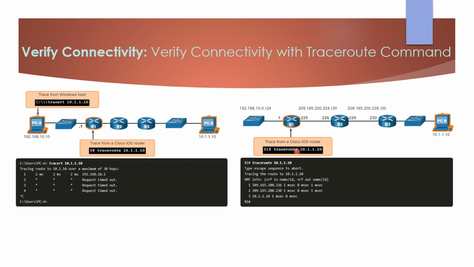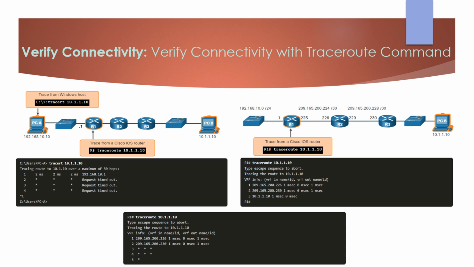The trace validated it could successfully reach PCB. Timeouts indicate a potential problem. For instance, if the host 10.1.1.10 was not available, the traceroute command would display the following in router 1.